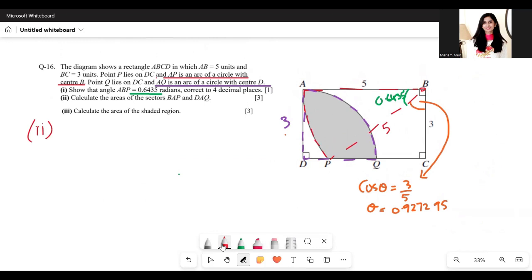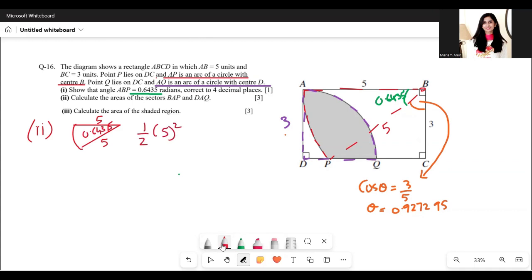So sector BAP is this one, the bigger one. This is 5, this is 5, and the angle just came out to be 0.6435. So the area is going to be half r square theta, which comes out to be 8.043763, which rounds to 8.04 in 3 significant figures.